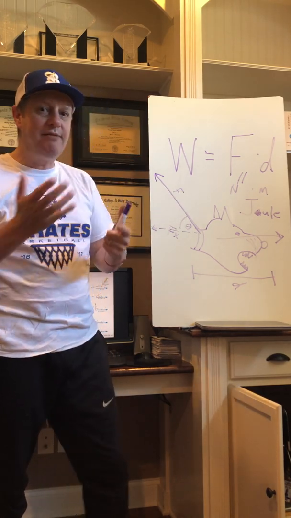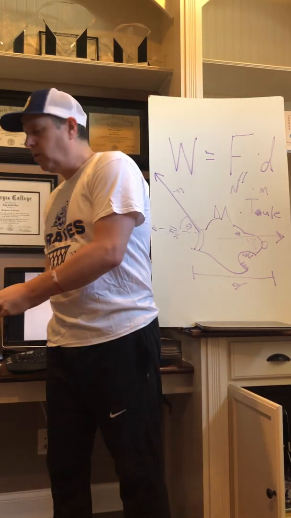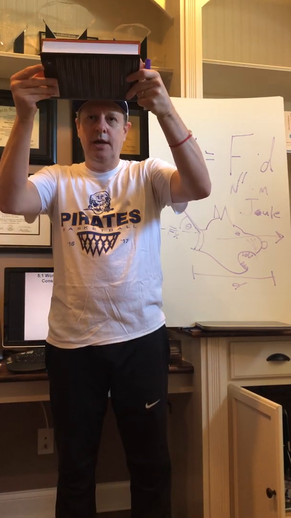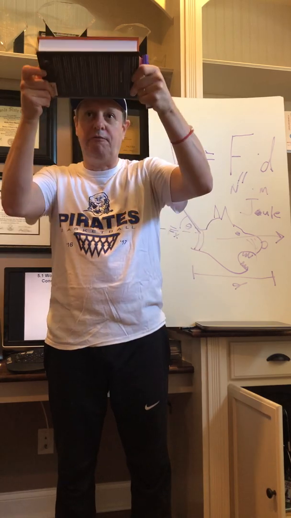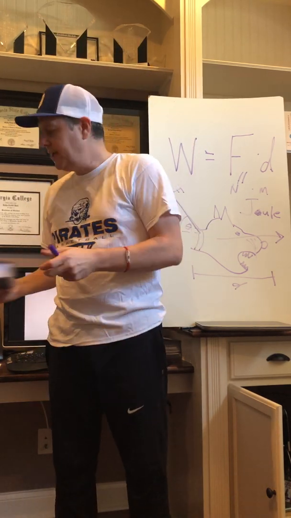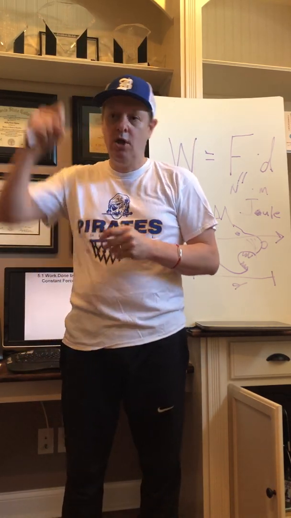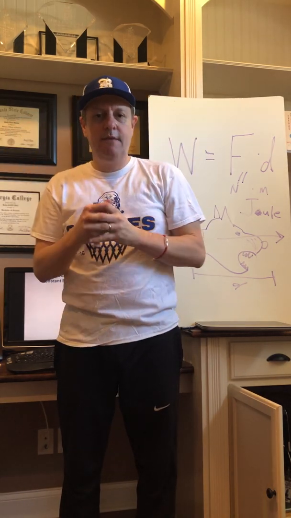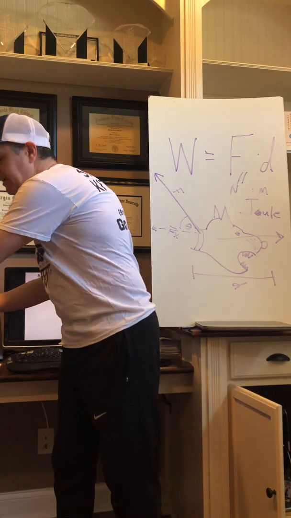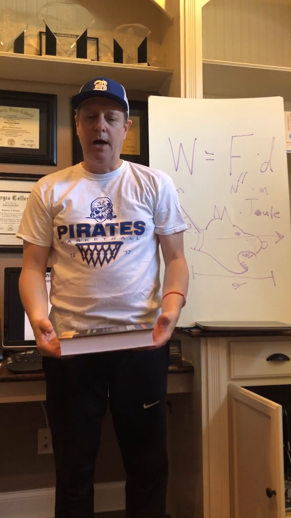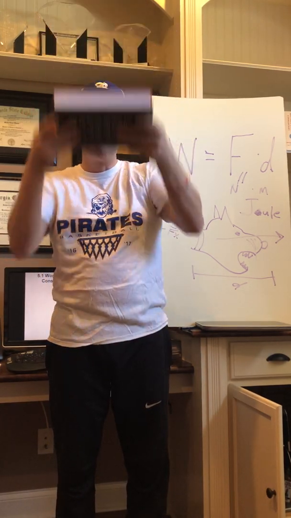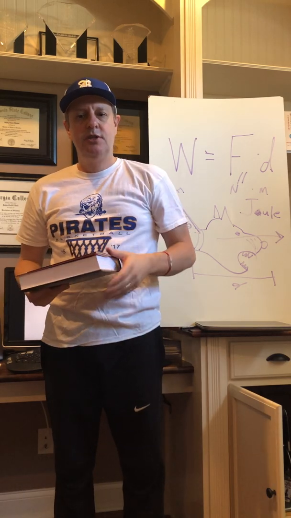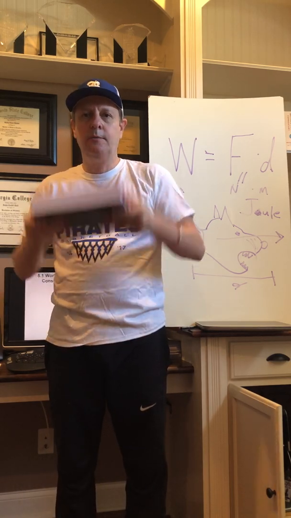For example, the gravity example that I just used on this book: as this book falls, gravity is doing positive work on the book. Gravity's force is downward. The displacement is downward. That's positive work. As I lift this book, I'm lifting it with a force upward. The displacement is upward. So I did positive work on the book.